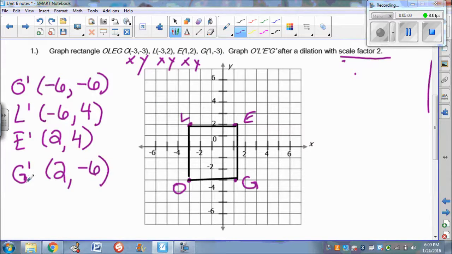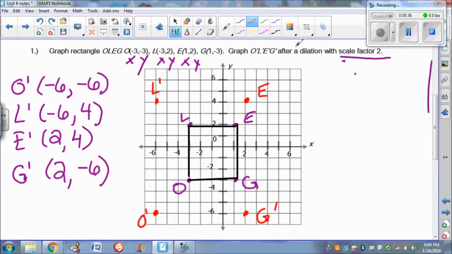Here are my new points. Now let's plot them. I'm going to change color. Negative 6, so left 6 and down 6, and that's O prime. L prime is left 6 but up 4. E prime is 2 to the right and 4 up. G prime is 2 to the right and down 6.